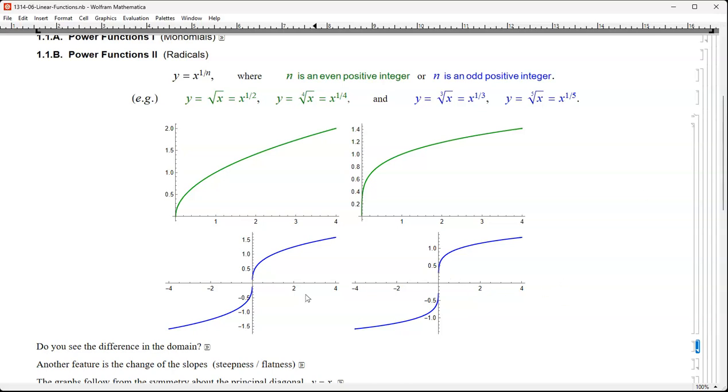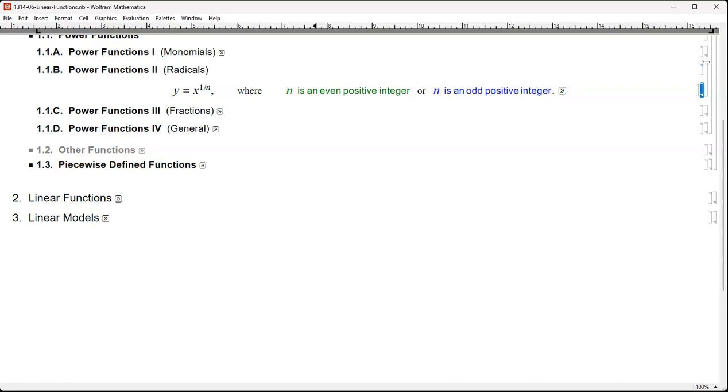So flatter if you look at it from down here. So if you turn it around, then x-axis and y-axis are changing. So we have more vertical, previously more horizontal, that kind of thing. I'm not going to go too deeply into that.